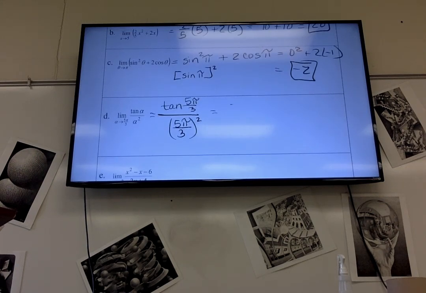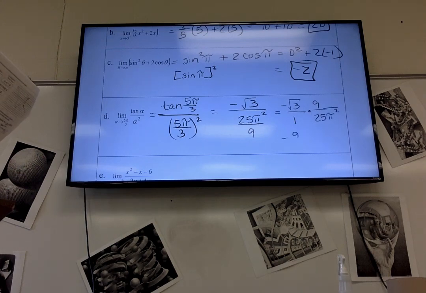So on top, I have negative square root of 3. On bottom, I have 25 pi squared over 9, because I squared it. Change, flip. Negative square root of 3 over 1 times 9 over 25 pi squared.